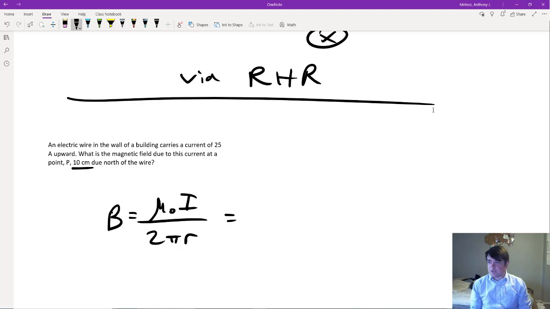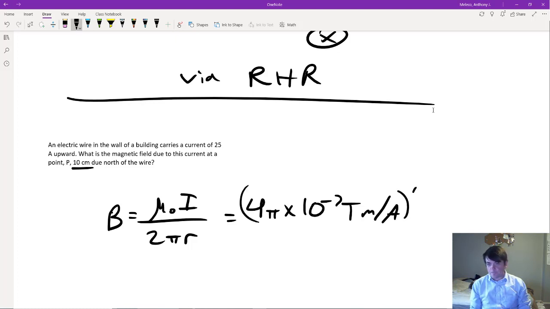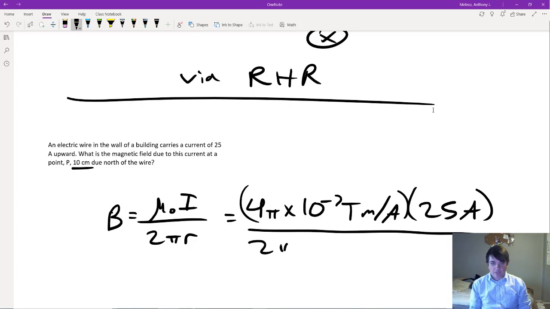So all we really need to do is plug everything in. I know these are weird units: Tesla meter per amp, and then the amps, so the amps cancel, leaving Tesla. The 2 pi actually cancels down here, 2 pi, 4 pi.